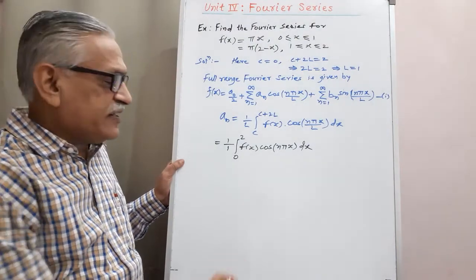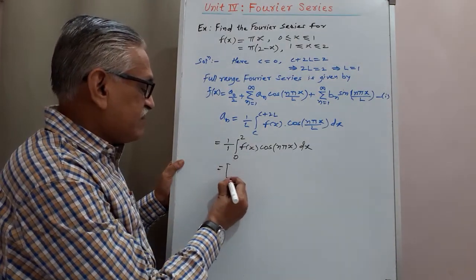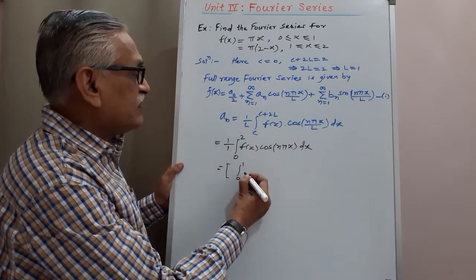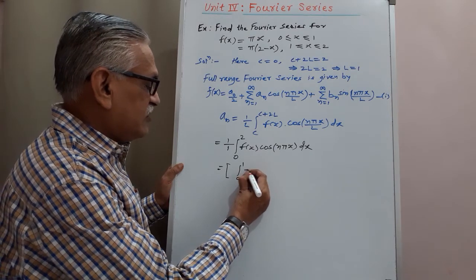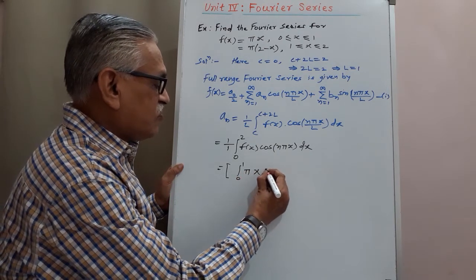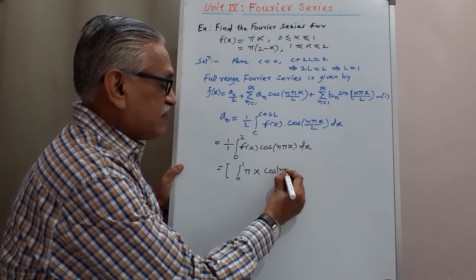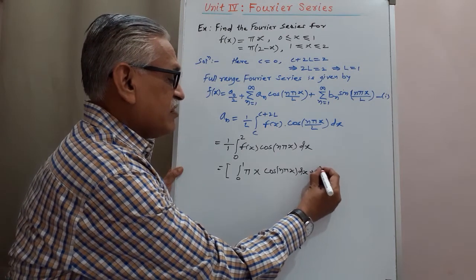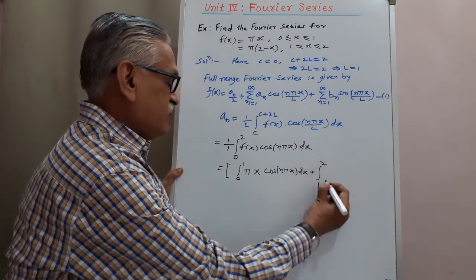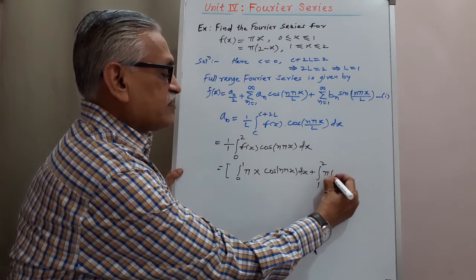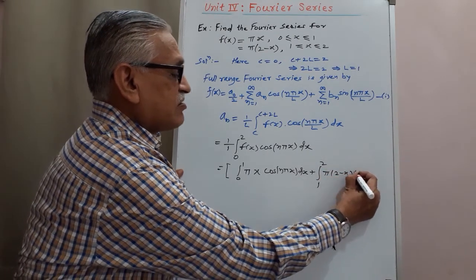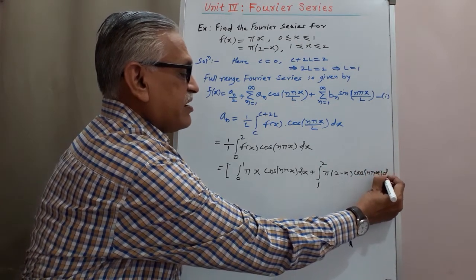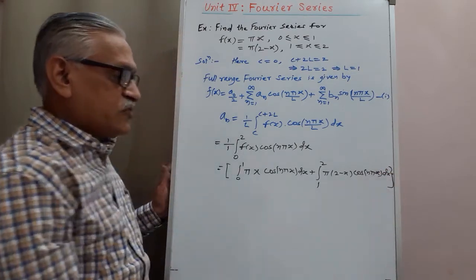Then splitting that integral, we get integration from 0 to 1, f of x is pi x, cos(n pi x), plus integration from 1 to 2 of pi times (2 minus x) cos(n pi x), and then its integration with respect to x.